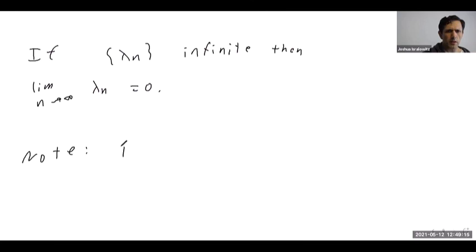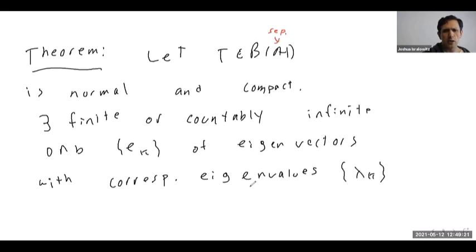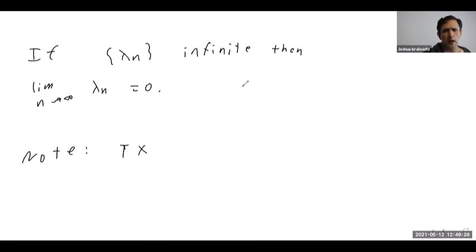Okay, so let's just look at what T does. It's pretty trivial that if this is true, then T is diagonal with respect to this orthonormal basis. Why? Let's say we have some x in my Hilbert space, and you just write x in this orthonormal basis.